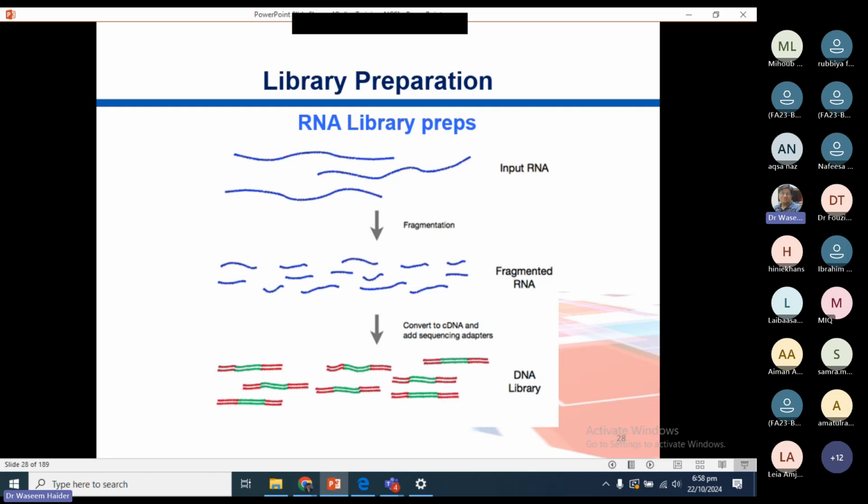For RNA, we need to convert that RNA to cDNA, complementary DNA, right? In the end, the sequencing machine cannot process RNA because RNA is unstable and degradable. It degrades really quickly.